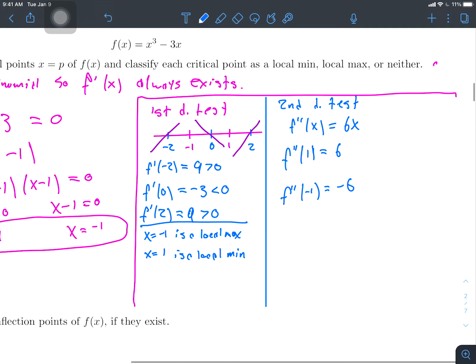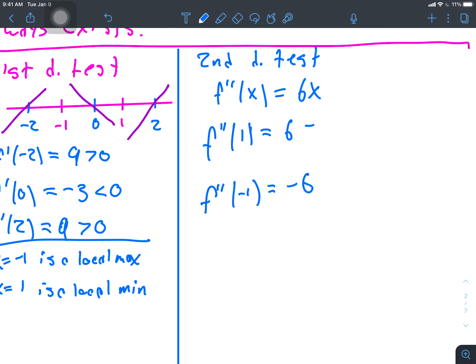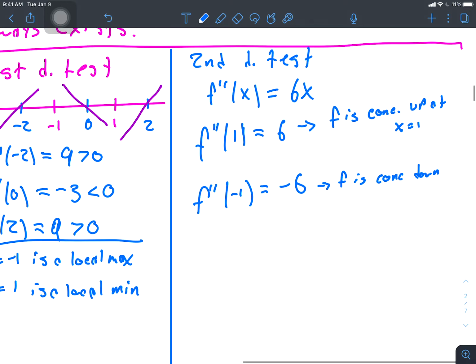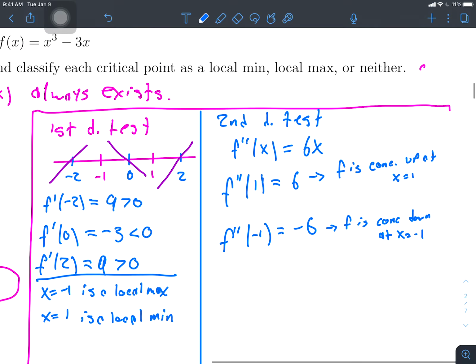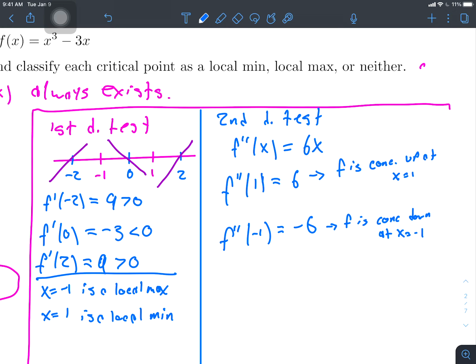Now what this tells me, okay, is that, respectively, f is concave up at x equals 1, and f is concave down at x equals -1. Now, if we're concave up, okay, then we look like this.